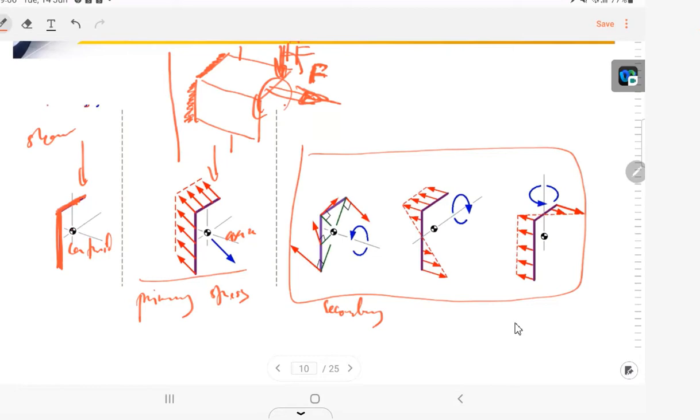Because we want to identify, like if the weld is this one, which point will have more stresses, the largest stresses at any point.